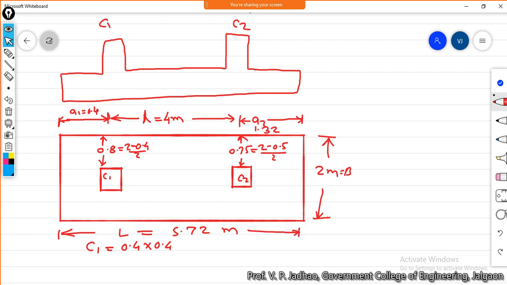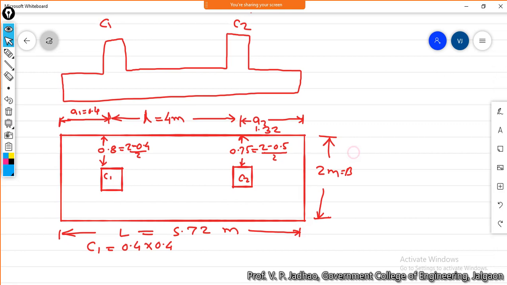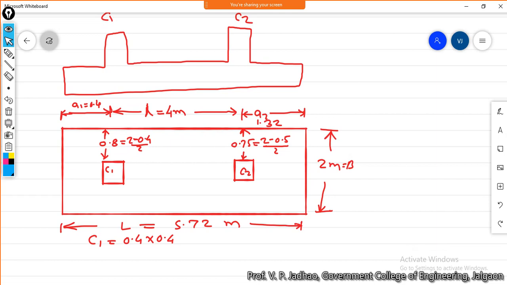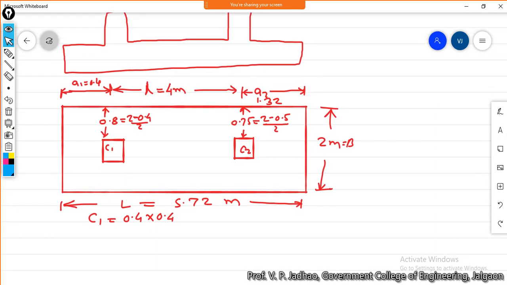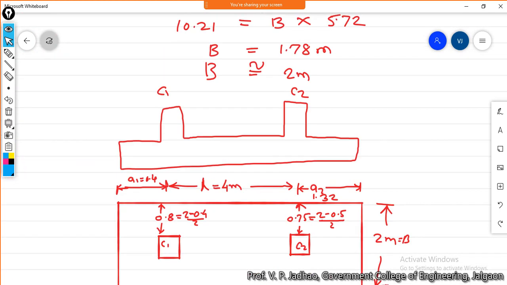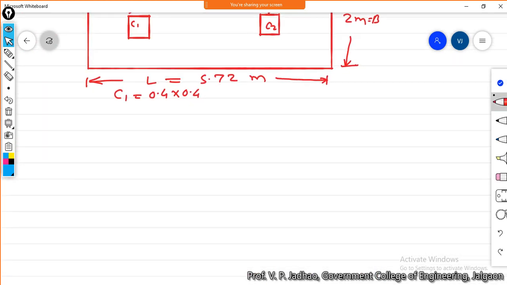Now we have to take different checks for depth. To calculate the depth of our footing, we should know the upward soil pressure, so we will calculate the upward soil pressure now.